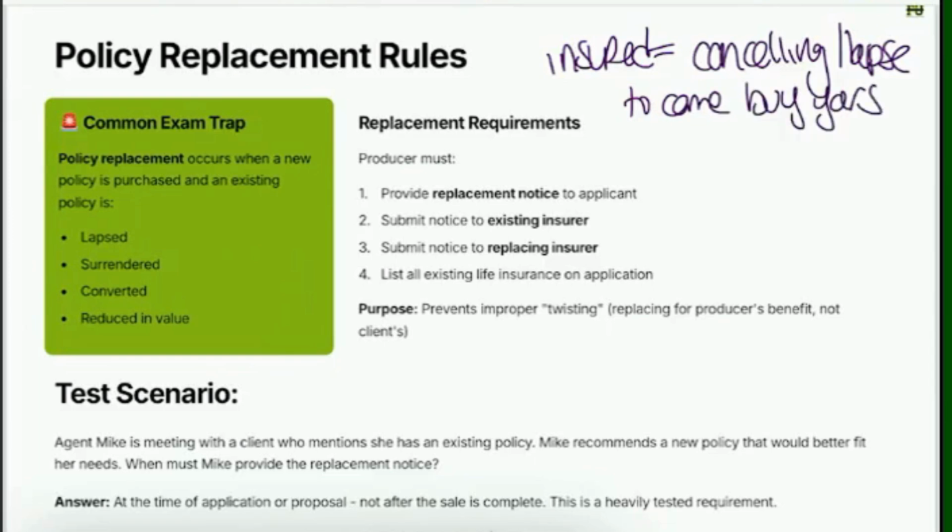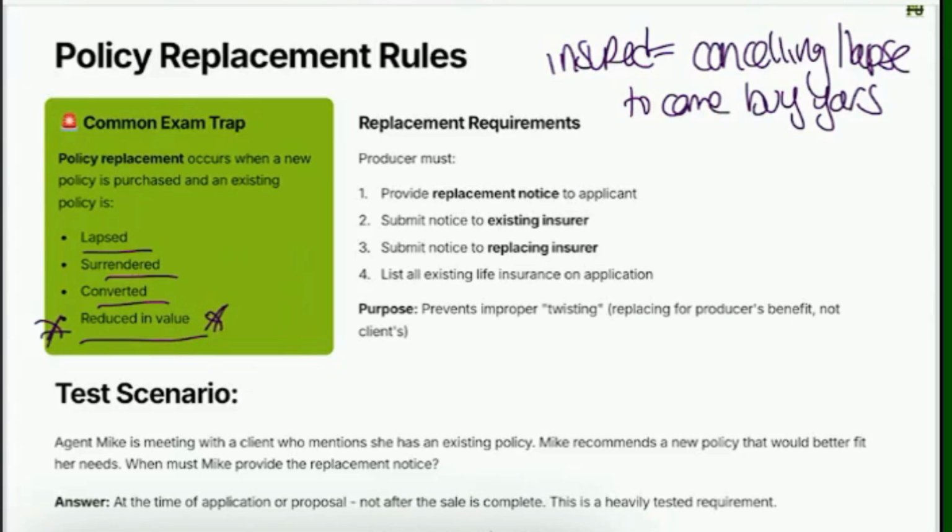So anytime a policy that they have in place is going to no longer exist because they're buying this one, right? So if it's lapsed, surrendered, converted, or reduced in value, it's considered a policy replacement. Common exam trap. Policy replacement occurs when a new policy is purchased and an existing policy is lapsed, surrendered, converted, or reduced in value. Okay?